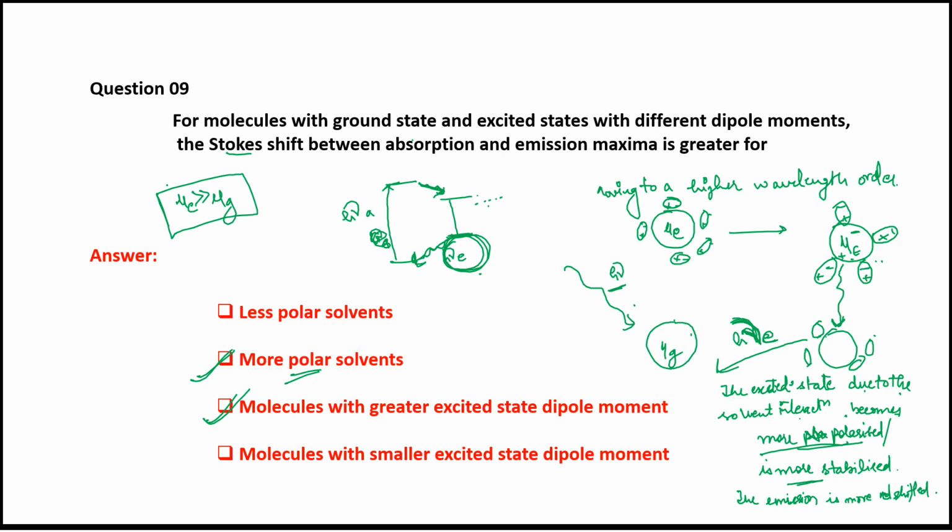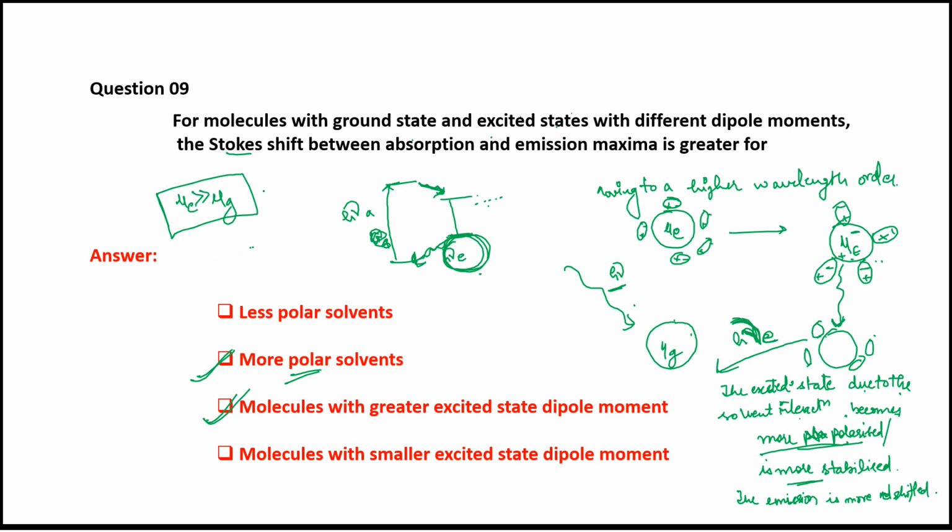What I just want to conclude is, talking about the ground state and the excited state and their interaction. If the ground state and excited state both are polar, in the excited state there is some interaction of this excited state with the solvent molecules. As a result of the increase in polarity of the solvent, the excited state becomes more stabilized.